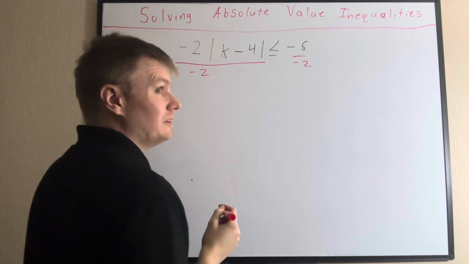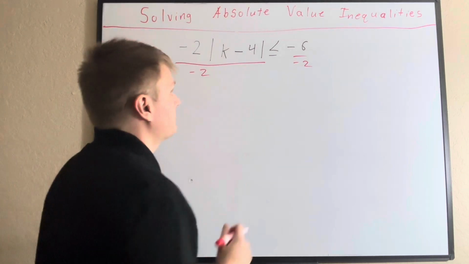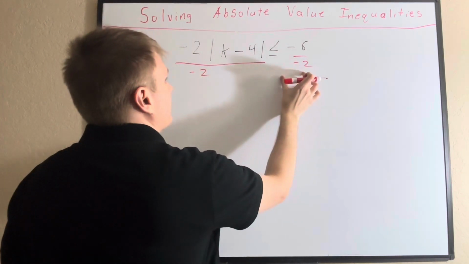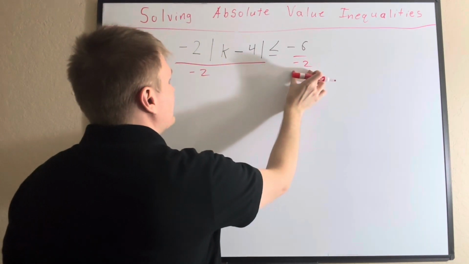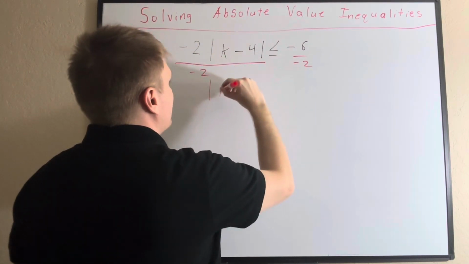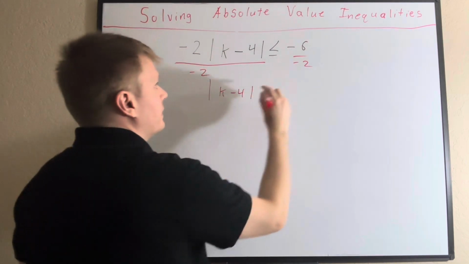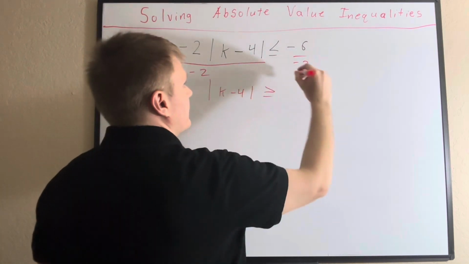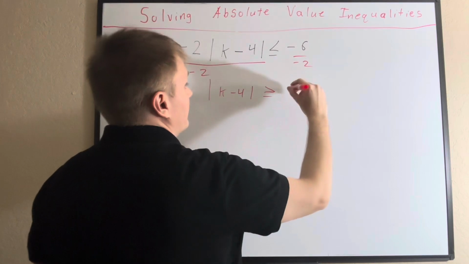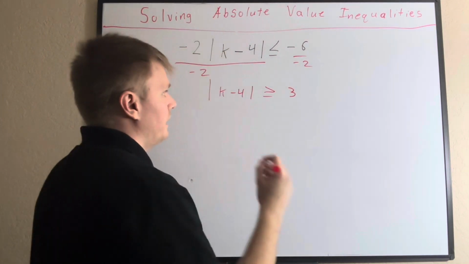Why can't we split it up yet? We haven't isolated the absolute value yet. That's why not. But we are dividing by a negative. We got to flip that sign. So we have absolute value of k minus 4 over here, but the sign has flipped. And the sign has changed here as well. -6 divided by -2 is +3.